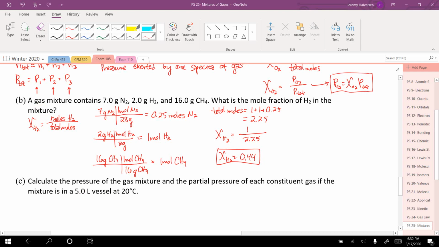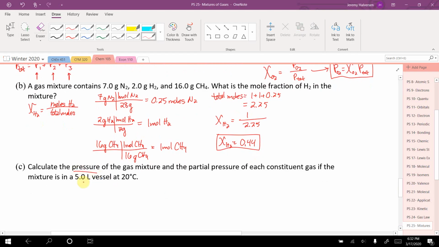All right, so now we want to calculate the pressure of the gas mixture, so the total pressure of the gas, and the partial pressure of each constituent gas, if it's 5 liters at 20 degrees Celsius. Well, if I want to find the pressure, and they give me a volume, and they give me a temperature, the only thing I'm missing is moles, but hey, I already calculated my total moles. I've got moles.